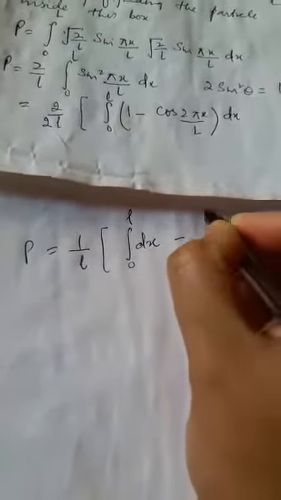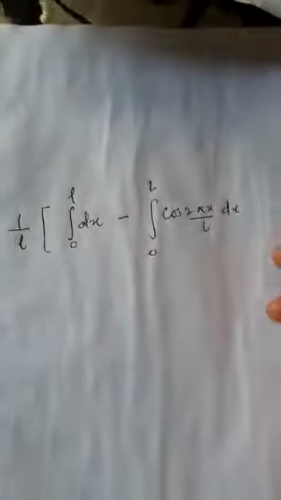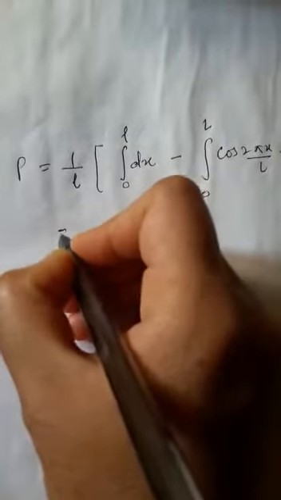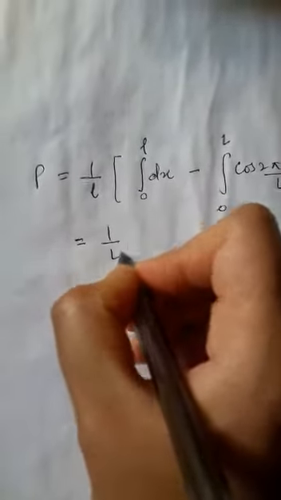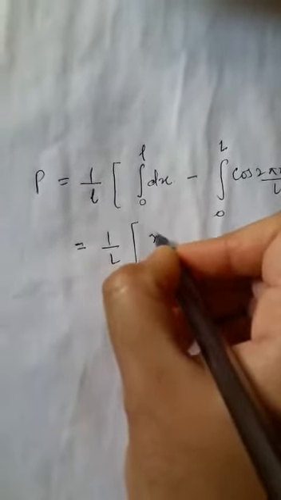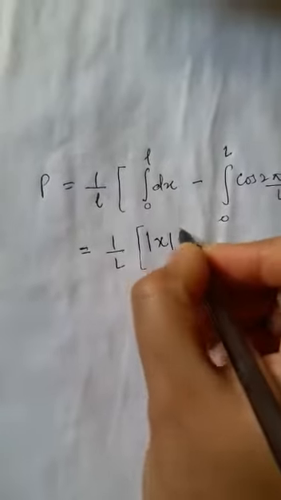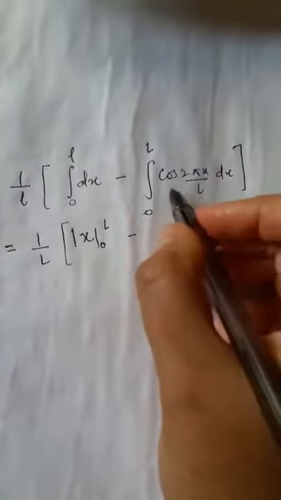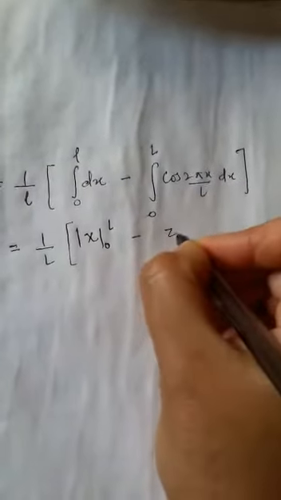Again the integration goes from 0 to L. Now I hope you recognize that this expression is 1 by L. For this it is x only going from 0 to L, and I hope you remember that this integral is 0.